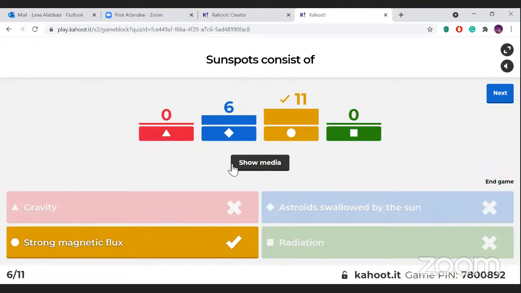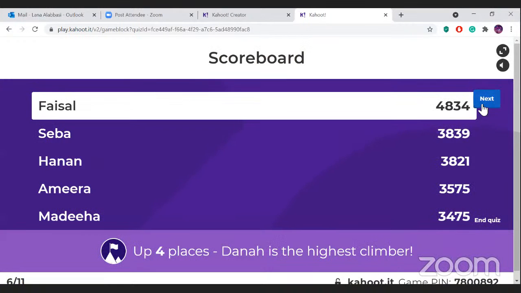So the correct answer is the strong magnetic flux. Excellent. Faisal is still at the top.